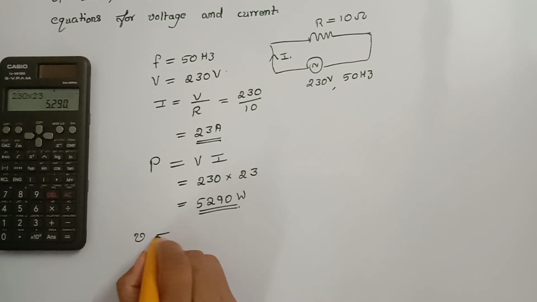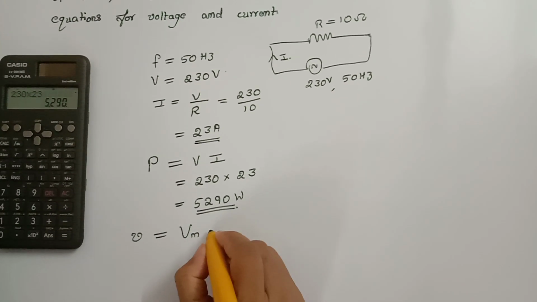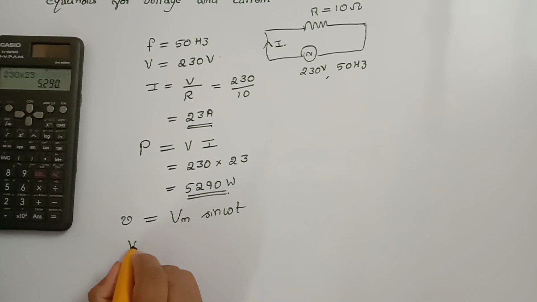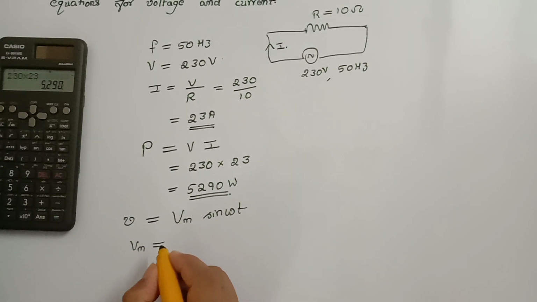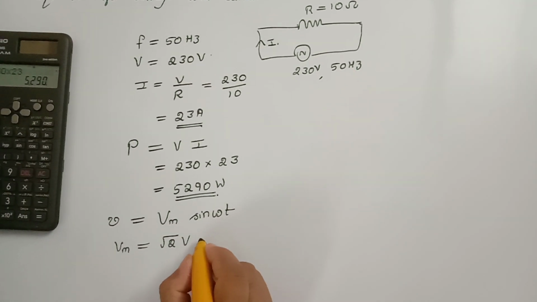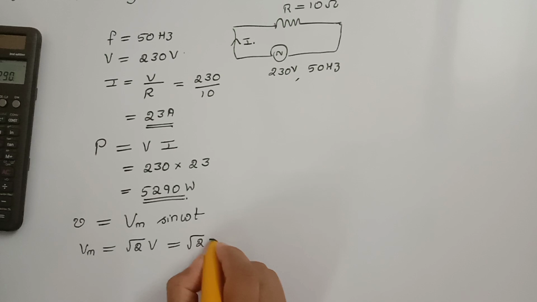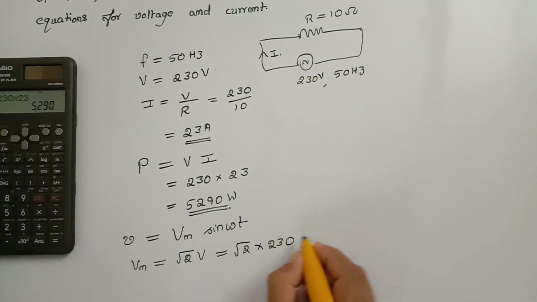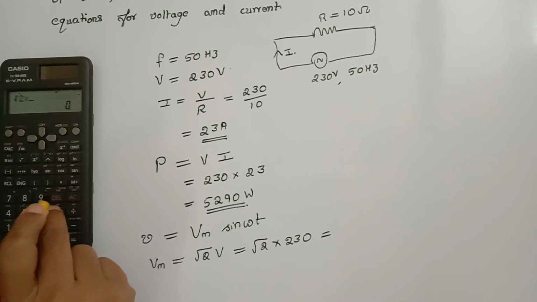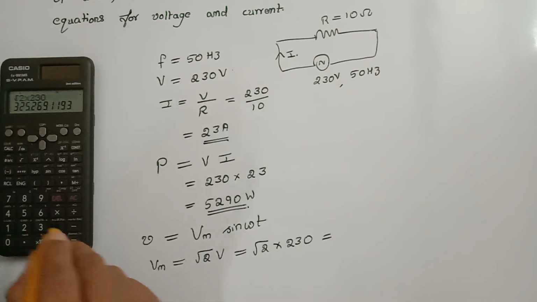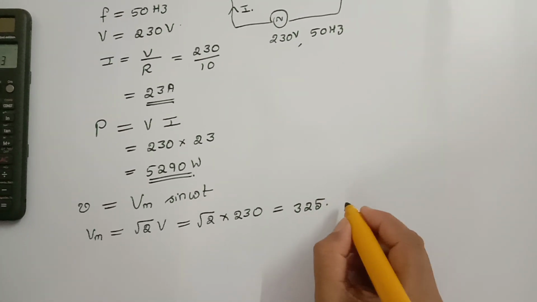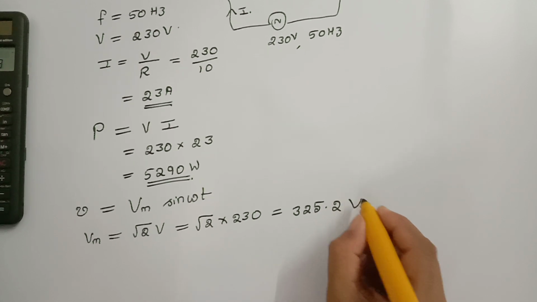Now equations for voltage. Voltage equation is given by v is equal to Vm sin omega t. We'll calculate first Vm. We know that Vm is equal to root 2 times V. So we'll multiply root 2 into 230, which is equal to 325.2 volt.